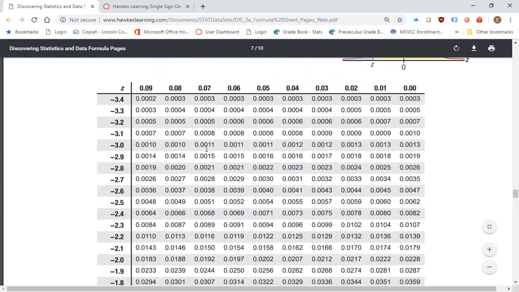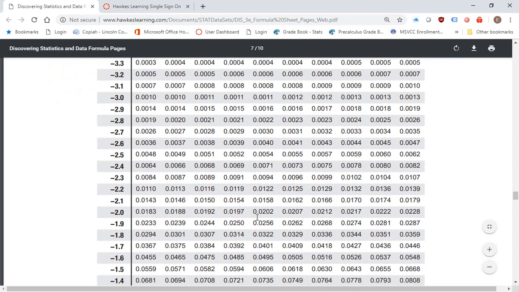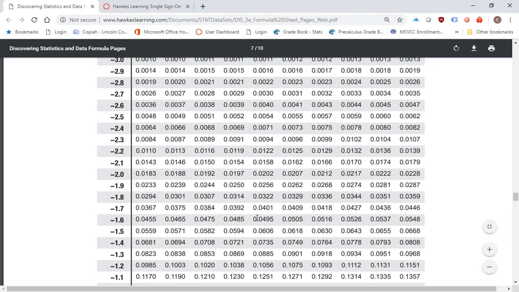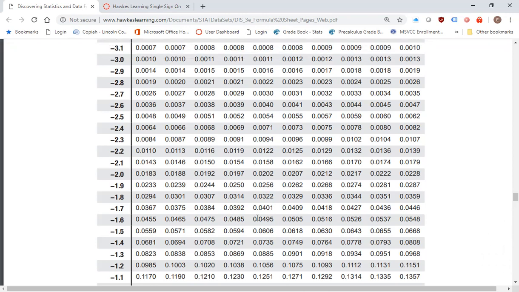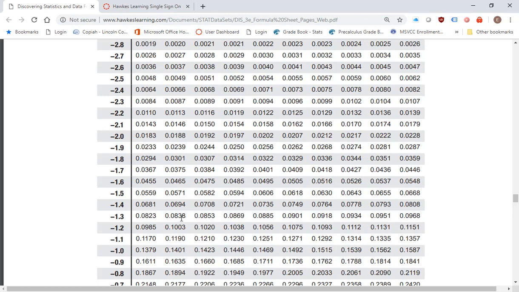What I need to do is get as close to 0.1 as possible. I don't look up a z-score of 0.1. I'll look up an area and get as close to 0.1 as possible and see which z-score that corresponds to. So if I look at my table, get as close to 0.1 as I possibly can. All right, look at this one right here.